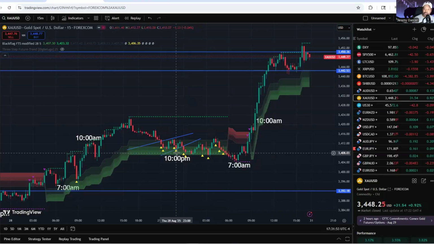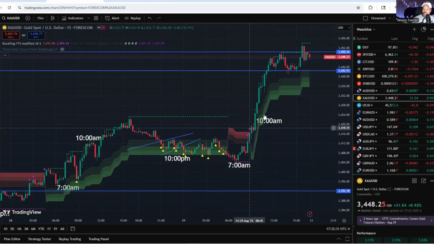If you bought around this area, 34 or 08, and maybe used the 3400 for the stop loss, your trade would have been fine even throughout the London session and the Europe session. And then when the US session started, you would have seen the move that you were hoping for. But look how long it would have taken for you to really make some good money. That's like half the day of you holding on to your trades.